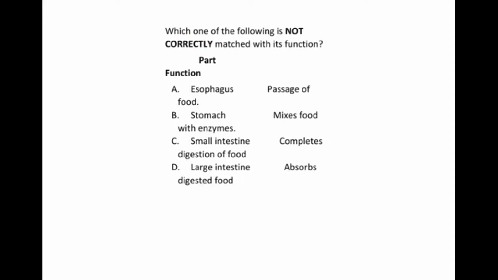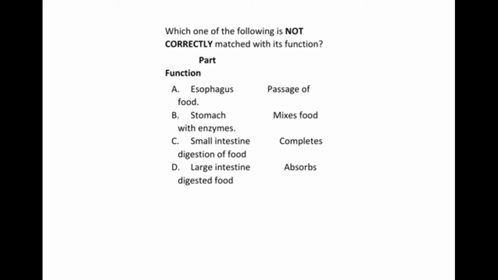Which one of the following is not correctly matched with its function? Not correctly. These are the key words. So we have the part and then we have the function. We have esophagus, which is the long tube that connects the stomach to the mouth, allows the passage of food.